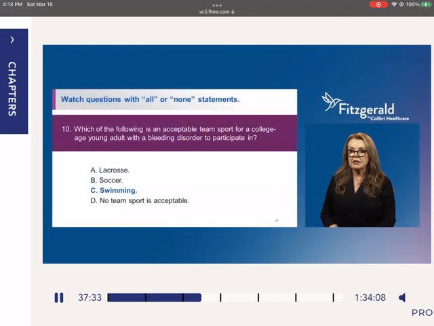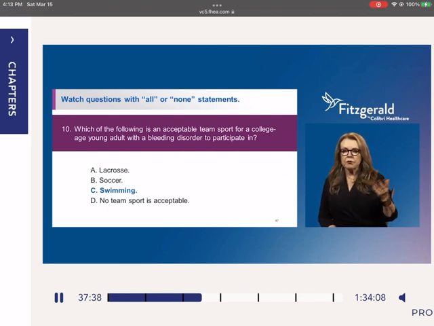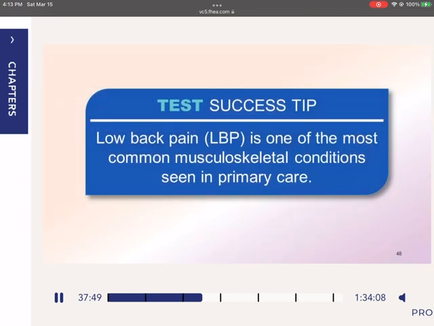What would you say to this college age adult? Oh, you can't join the golf team? No, of course you wouldn't say that. But swimming is often considered to be one of the better forms of exercise for people who have any kind of increased bleeding risk. Test success tip.